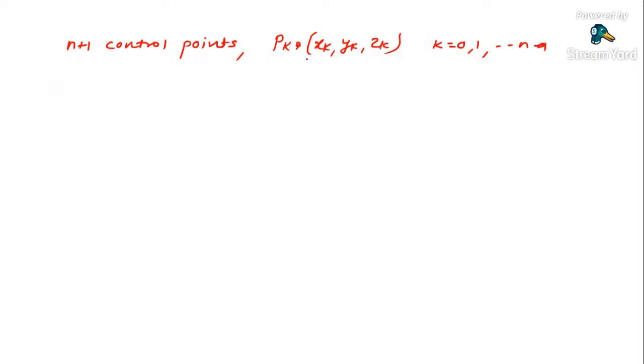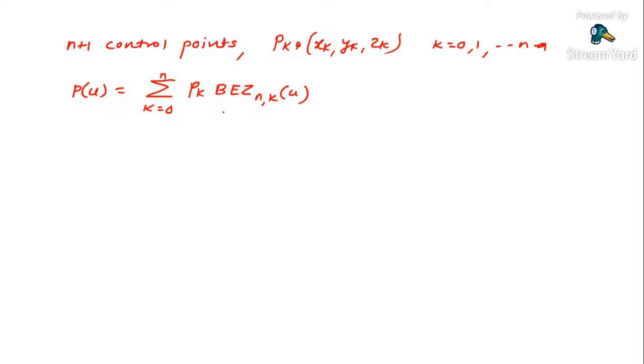And that particular set of control points defines the position vector p of u for the Bezier curve. This equation is summation k start from 0 to n p of k Bezier of n k comma u.